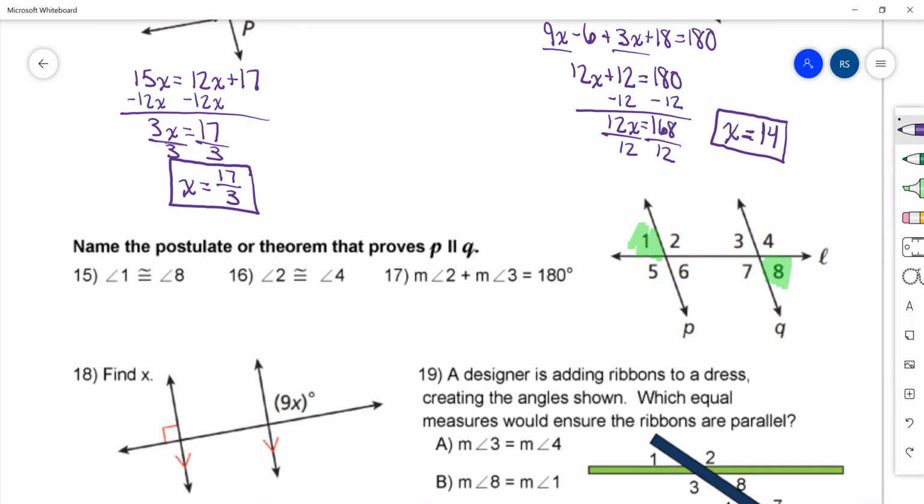Yes, I know they're acute. What relationship that we've been talking about are they? Alternate exterior. They're on opposite sides on the outside. So alternate exterior angles.